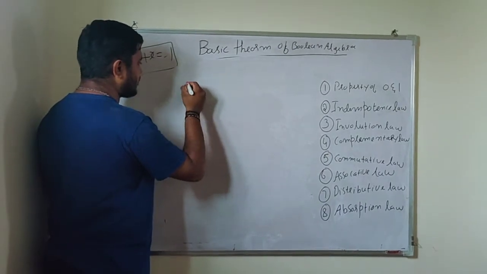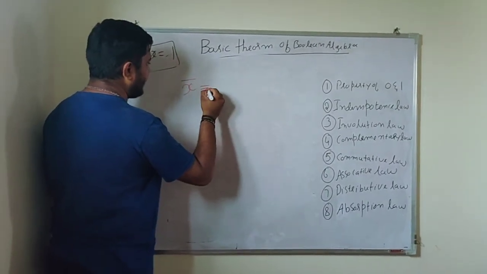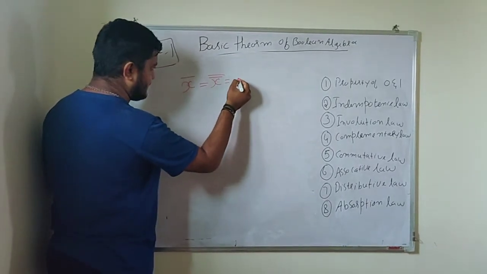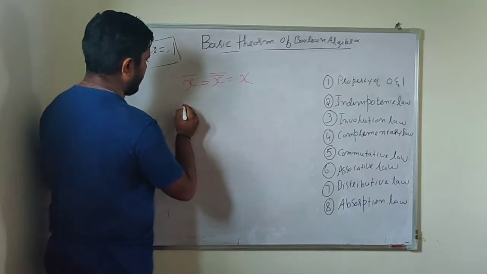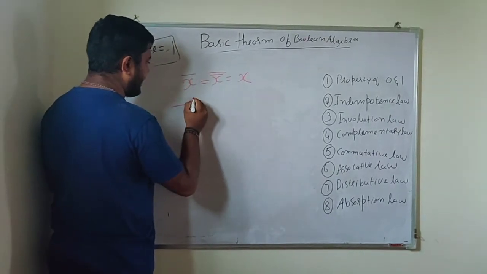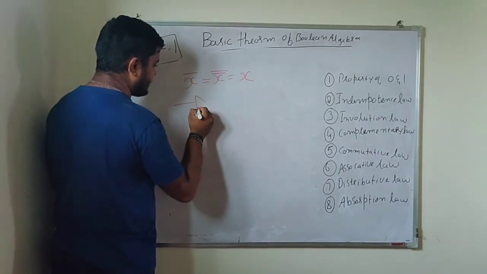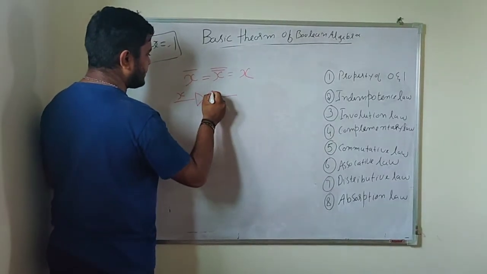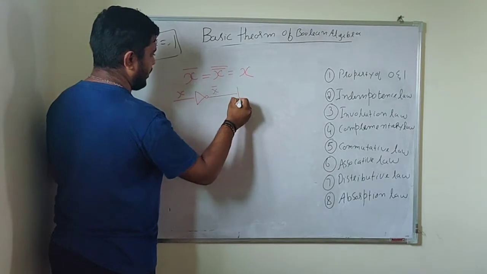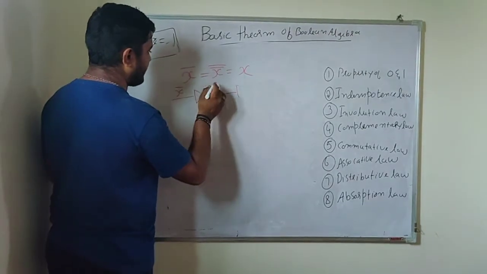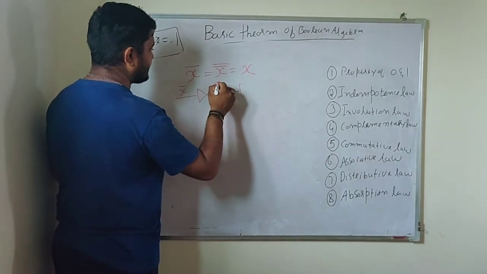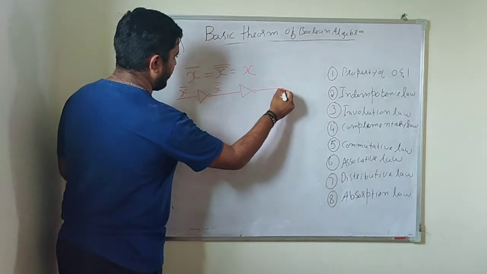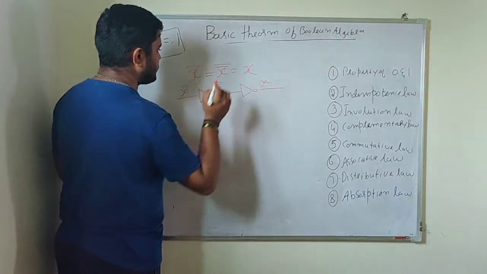If x is complemented and you complement that variable again, your answer will be x. How do I represent it as a logical gate? x bar means a NOT gate. Now x double bar means you write another NOT gate symbol and provide the output to it, which will be equal to x.